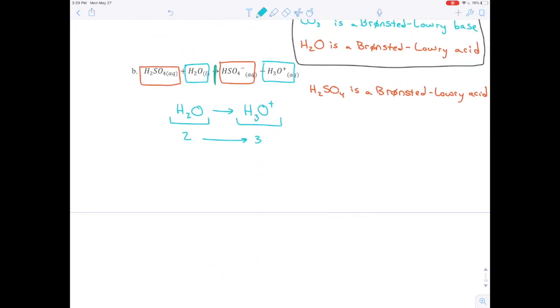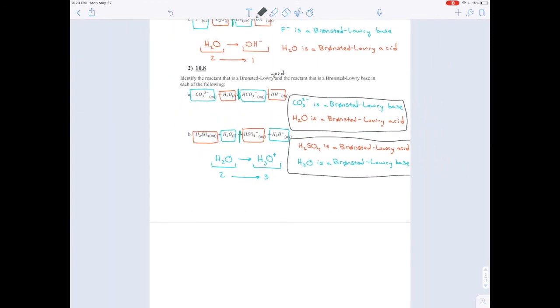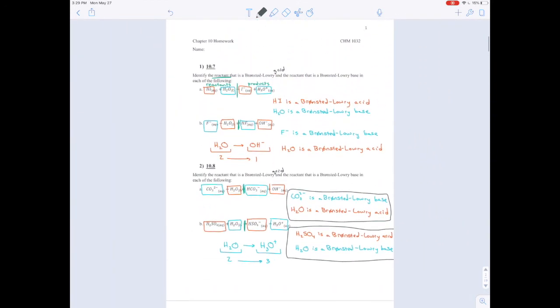So you would write here, H2O is a Bronsted-Lowry base in this particular example. And those two statements together would be the answer for this question.